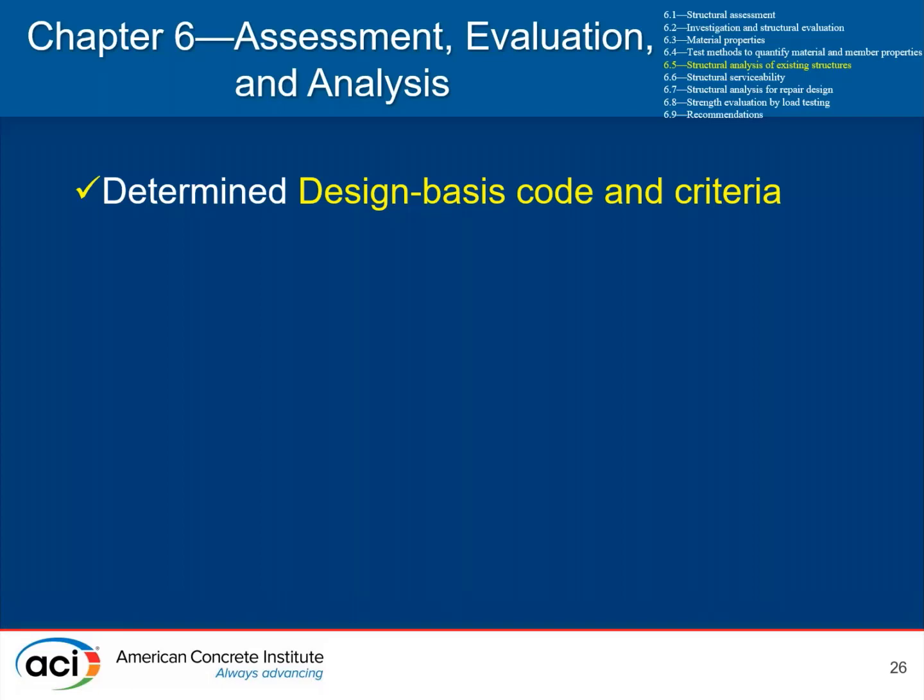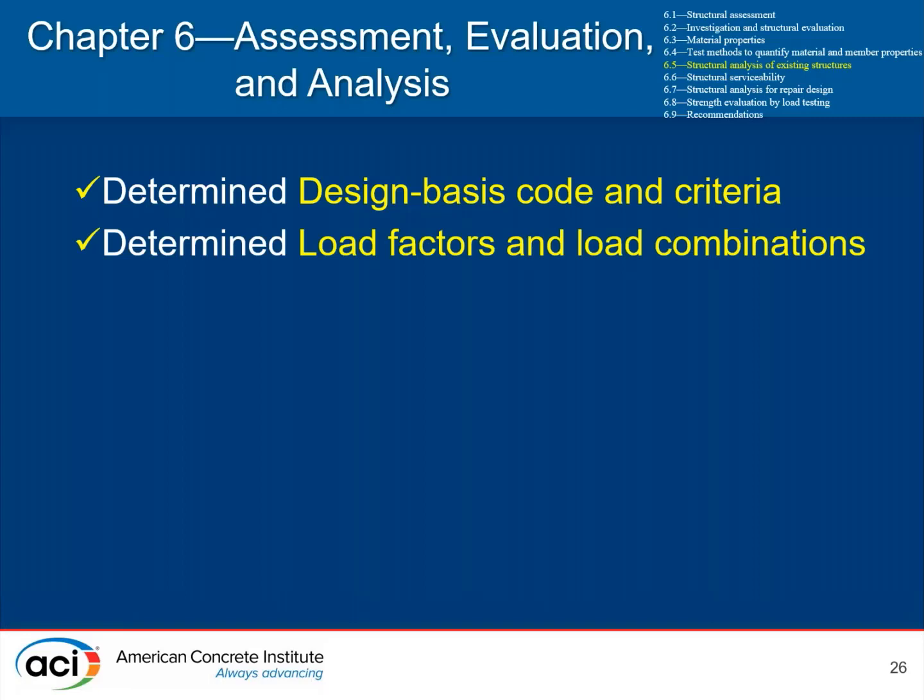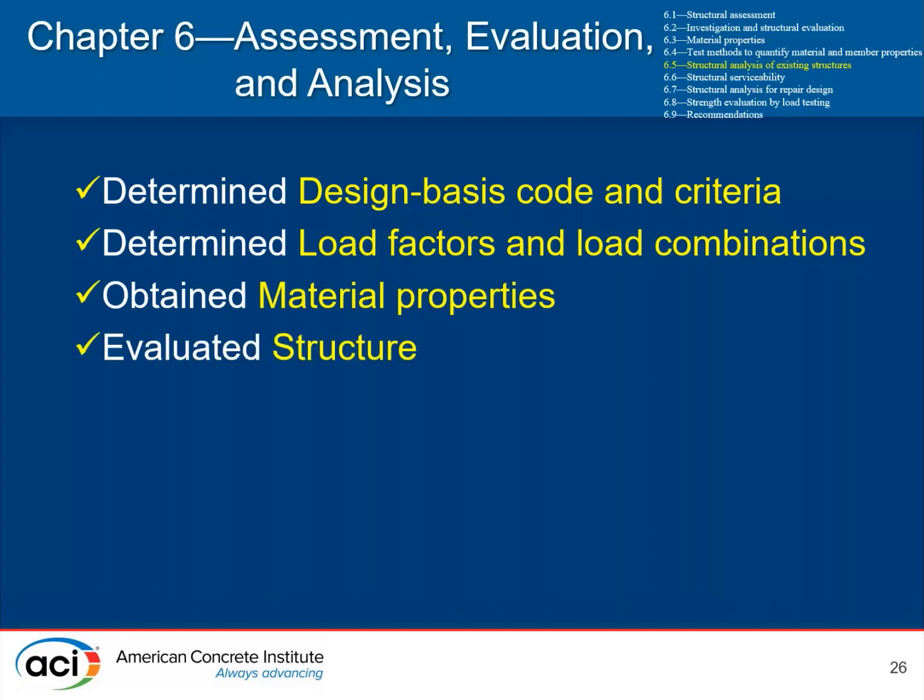And once that is determined, once the load factors and load combinations are determined, the material properties, as we just discussed and as part 2 discussed, and once we've evaluated the structure, at this point, it's necessary to perform the analysis. What does all of this information mean, and how does this impact both the existing structure and how the structure will perform in the repaired state?